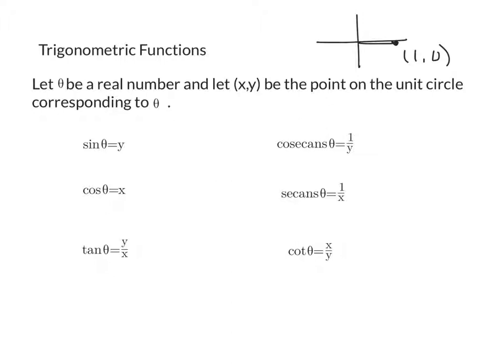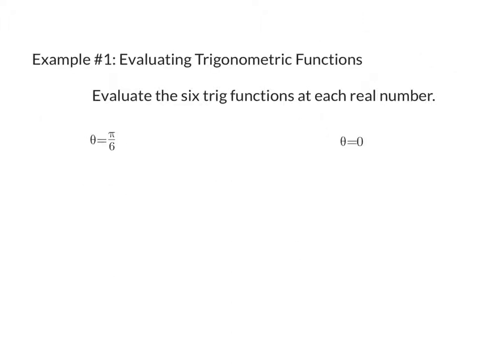So with all that being said, we're going to practice finding the trig functions of these certain angles. The first one, we're going to evaluate the 6 trig functions if theta is pi over 6. So I'm just going to sketch this out. If theta is pi over 6, it would be somewhere over here.